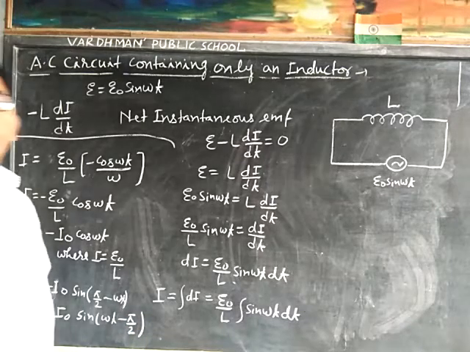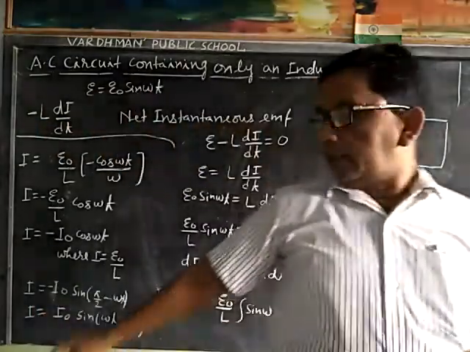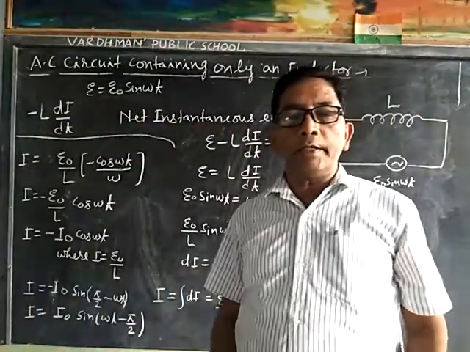So I is equal to I0 sin omega t minus pi by 2.